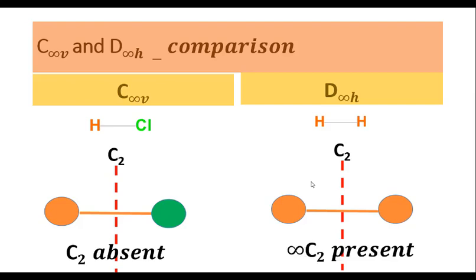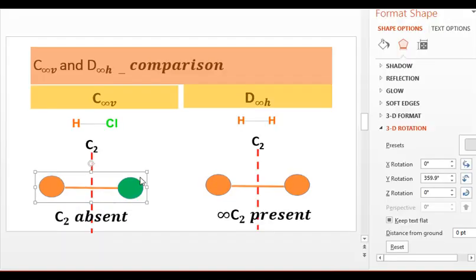We will see how we get infinite C2 axis later. And C2 is the rotation of 180 degrees. The molecule is rotated 180 degrees about this axis, and we will see something about this.